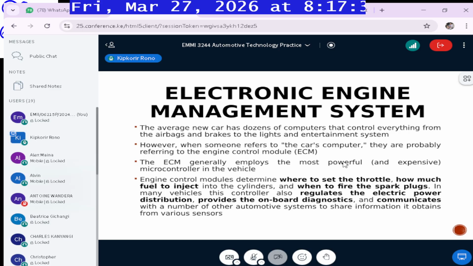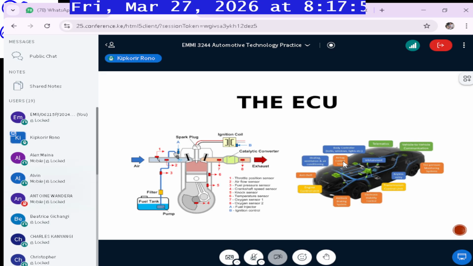So if you have a certain kind of fault in your system, say there's an incomplete combustion in the engine, then you usually have the exhaust sensors, number 7 and 8.